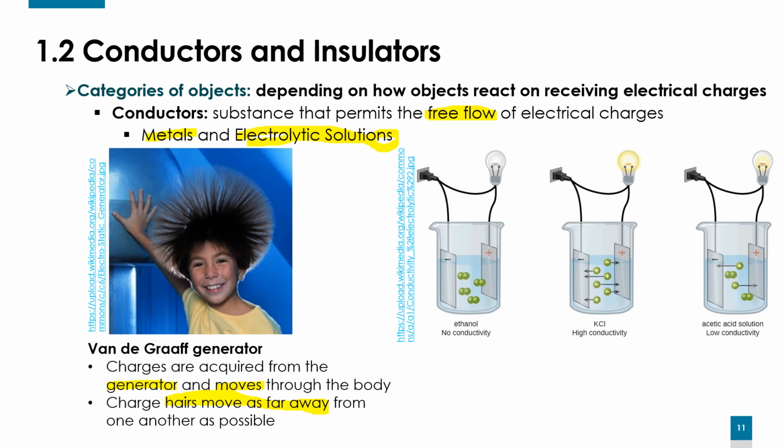Another one that we talked about before is the electrolytic solutions. Remember we had this experiment, or we just talked about it in class. When I put ethanol in a solution, it doesn't conduct electricity. But if I put, for example, KCl, it conducts, so it turns on the light. Or if I put acetic acid solution, it also conducts, but not so powerfully.